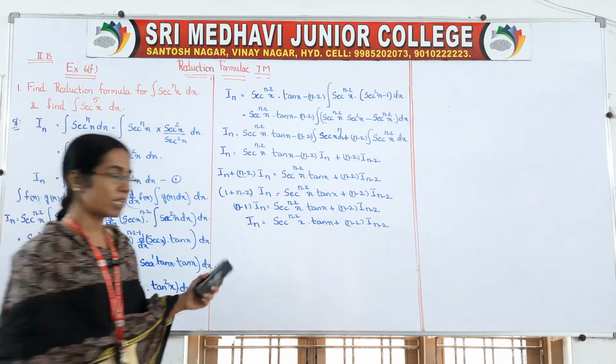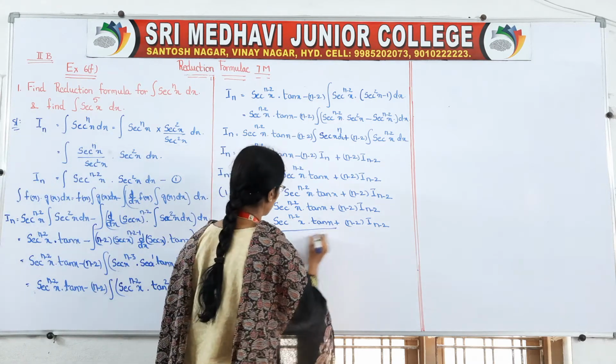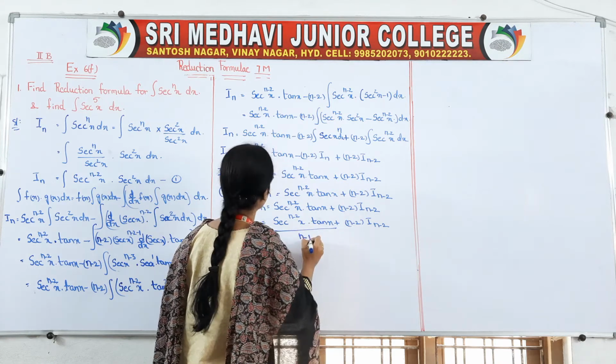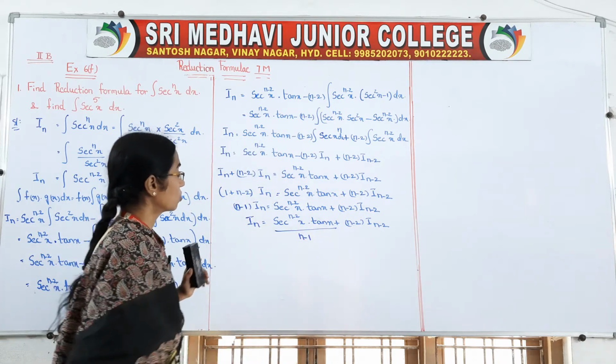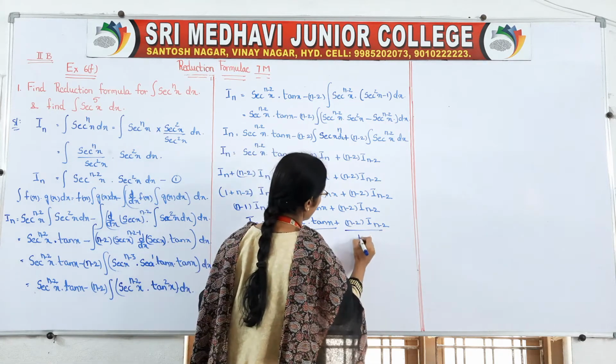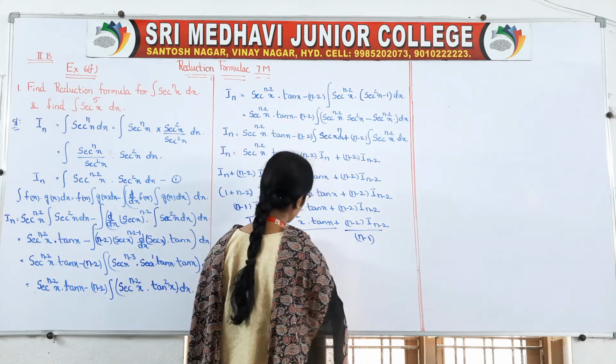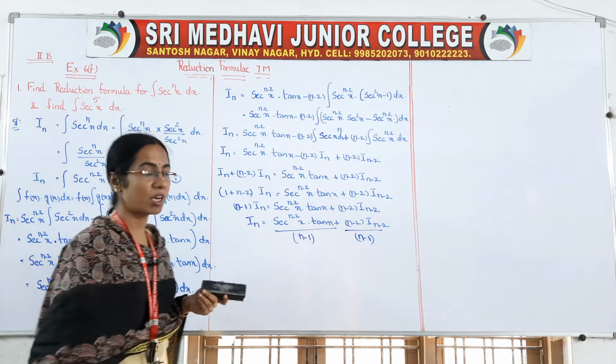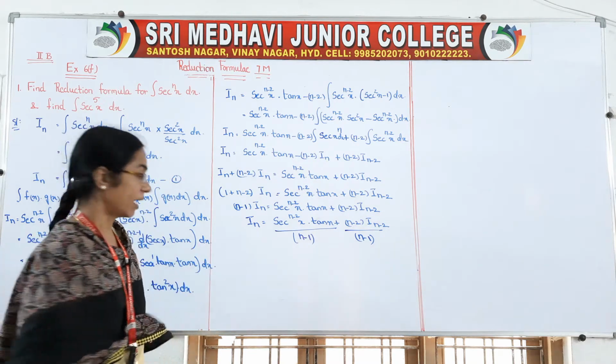We can take it separately for each and every term, so it is n minus 1 here, and here also it is n minus 1. This is the reduction formula for secant to the power of n x.